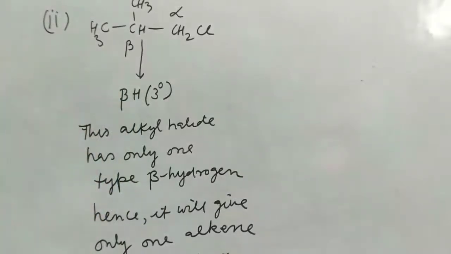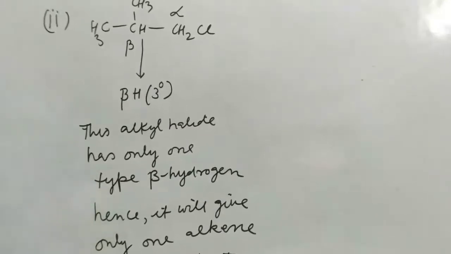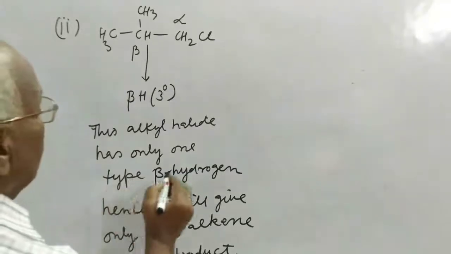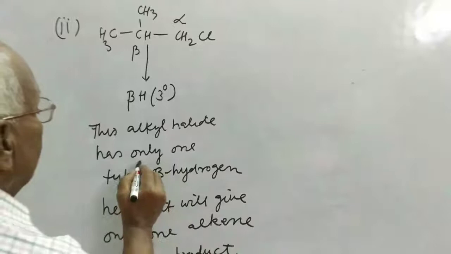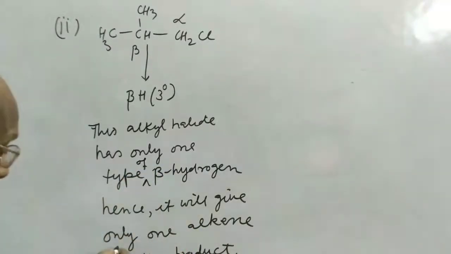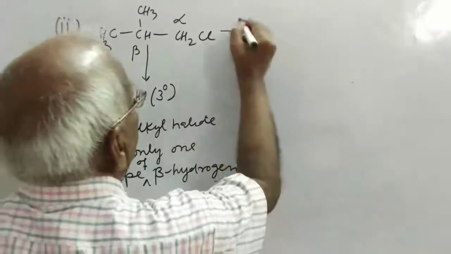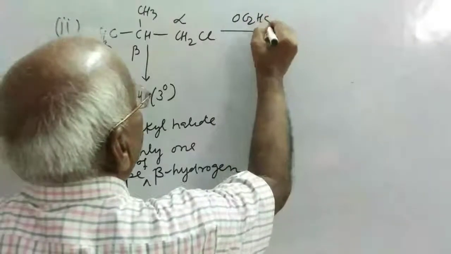So this alkyl halide has only one type of beta hydrogen, hence it will give only one alkene as the product. So the reaction will be like that.